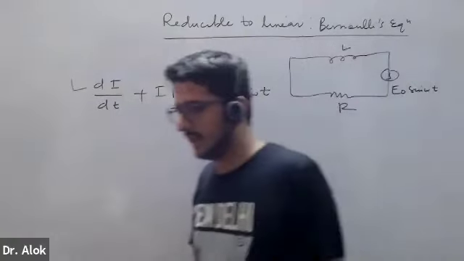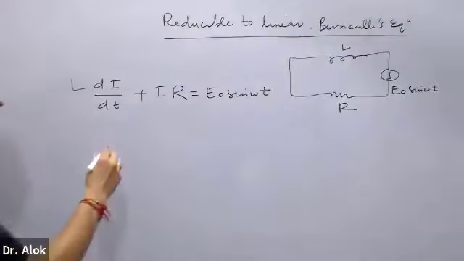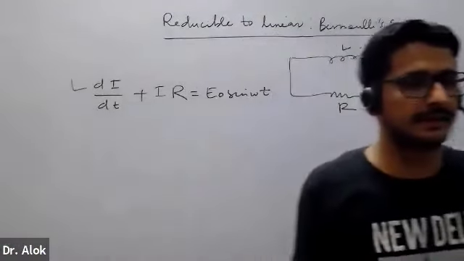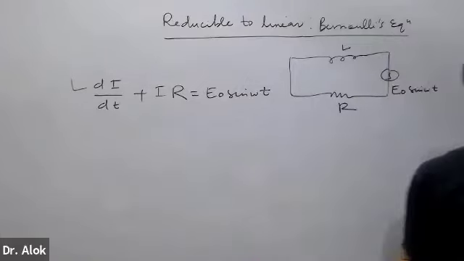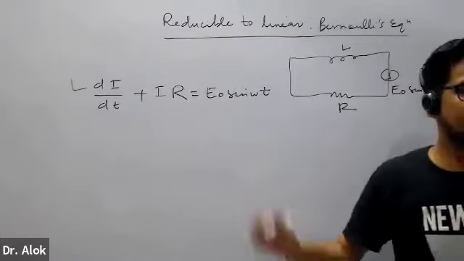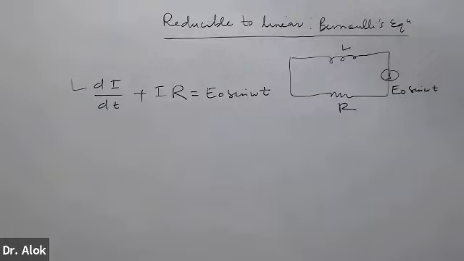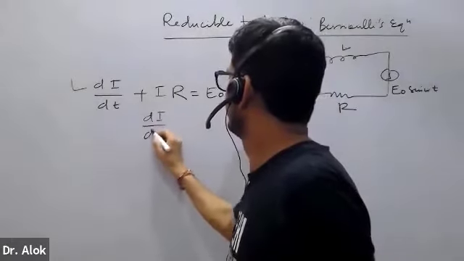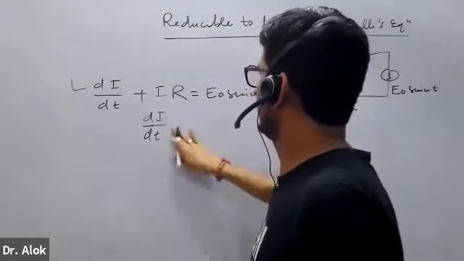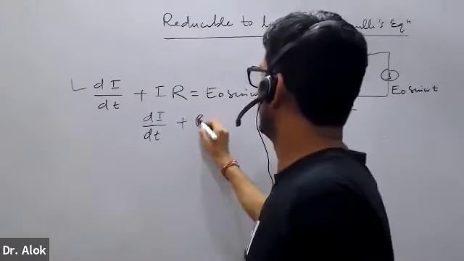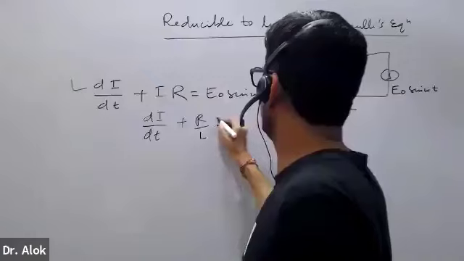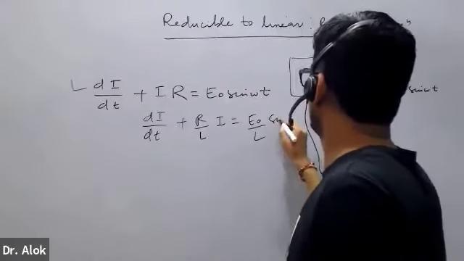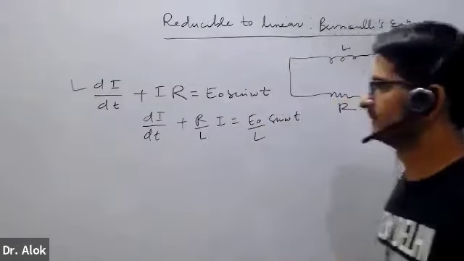Okay, and this will become, एक बार check करना, this will become, एक बार ऐसे लिखना, di by dt plus R by L I is equal to E naught by L sine omega t.